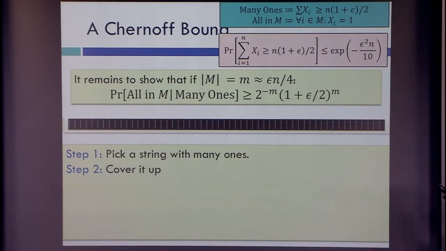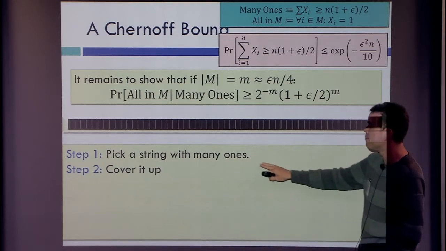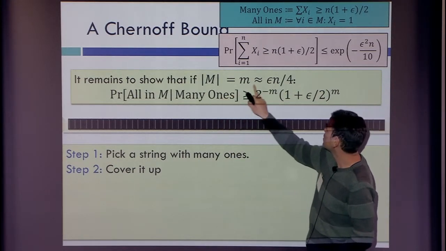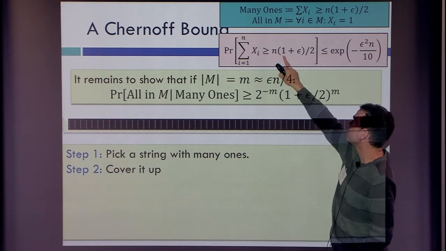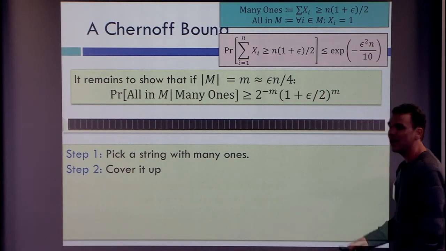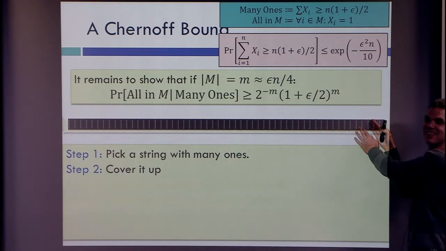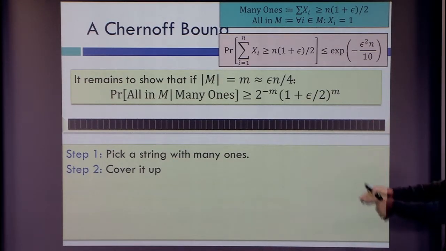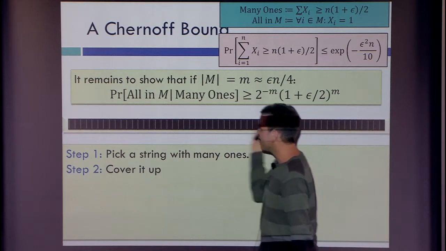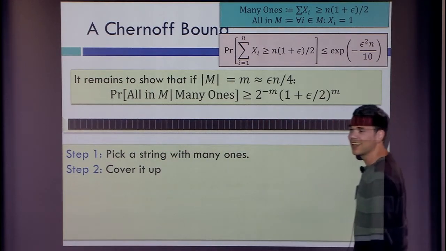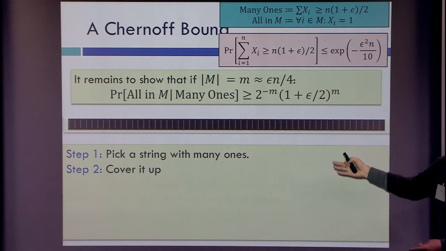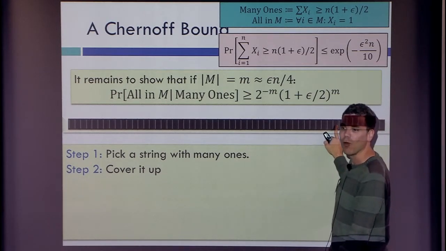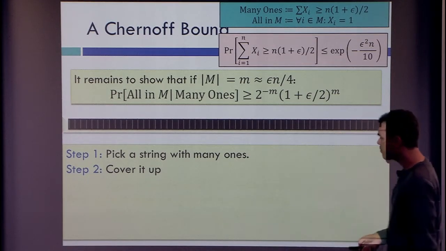So you forget what the string was. The only thing you remember is that it had many 1s, so that the number of 1s was at least n times (1 plus epsilon) over 2. And if you're like me, then you forgot what it is. Because I didn't tell you I was going to cover it up, and I was talking a lot, so now you know nothing about the string, except that previously you probably counted and saw that it had more 1s than 0s. Okay?